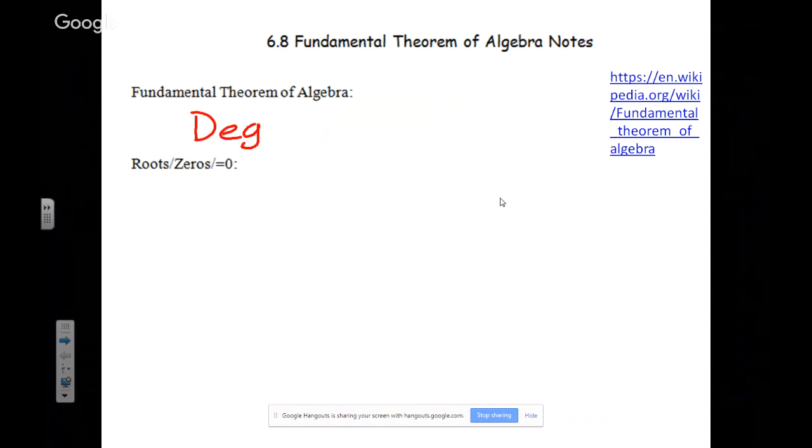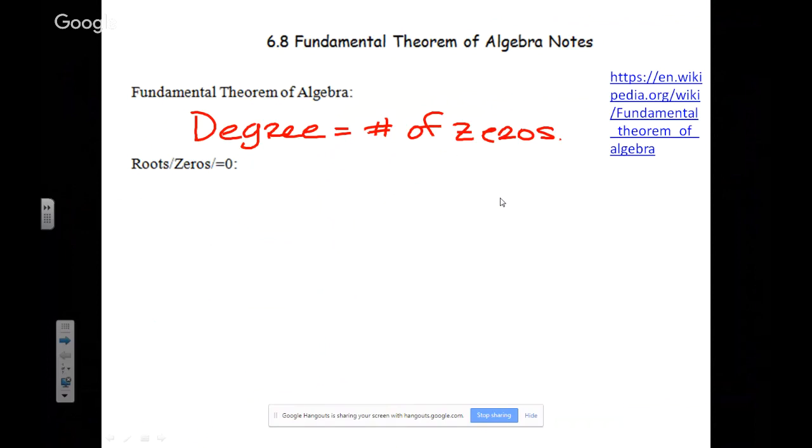So our degree, which means our highest power, means number of zeros. And this is going to make more sense as we do some problems. But that's what the theorem says. If you have x to the 5th, then somewhere in the problem, that's the highest power. That means you're going to have 5 roots, 5 zeros.